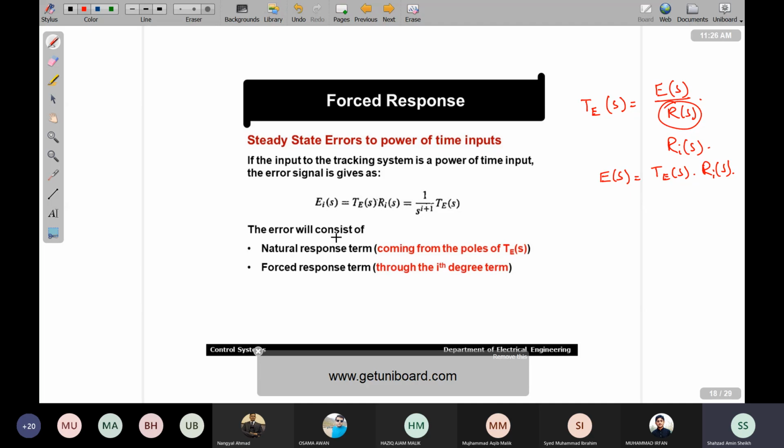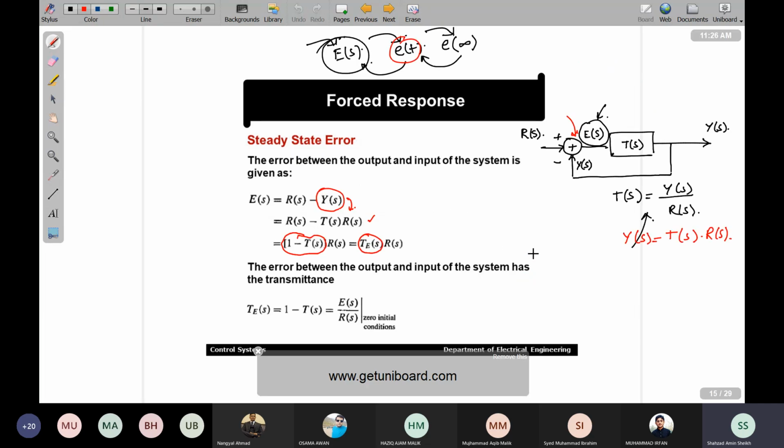And now this error will be having two components, the natural response term, and that would be coming from the poles of TEFS. Remember that the poles of TEFS are the same as the poles of TFS. ठीक, यहाँ से आपको नजर आ जाएगा if you are interested. So 1 minus TFS is TFS. कोई भी poles अगर आप उठाएंगे, the characteristic polynomial will not change.